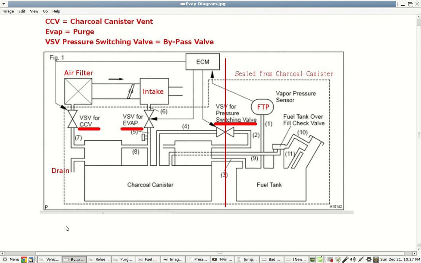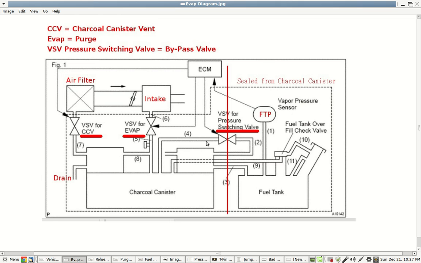Now let's take a look at this diagram again. I'm only checking this part right here. This is all I'm testing. This part over here, because I haven't opened up this pressure switching valve or bypass valve, it's normally closed, and it stays blocking off this until the computer opens it. So I'm not checking the fuel cap, the fuel tank, or any of the piping on this side of this valve.